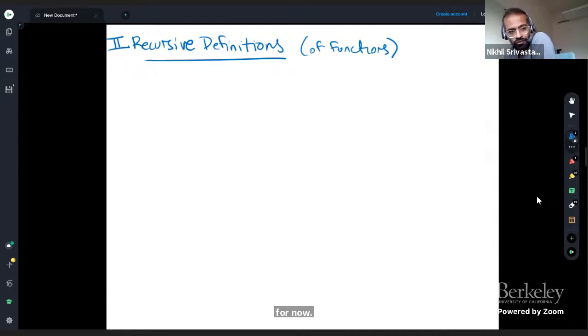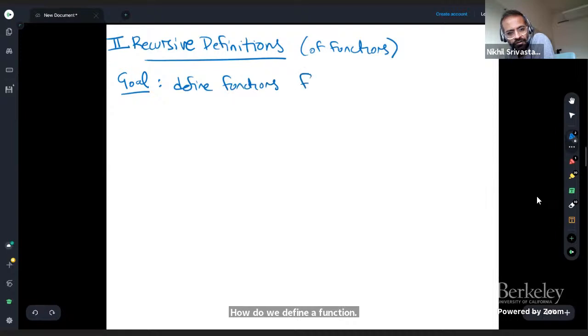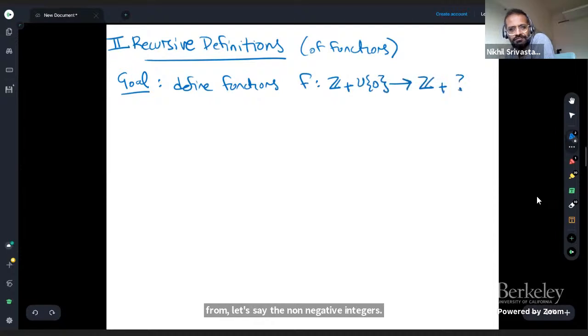Okay, so what's the goal here? The goal is, how do we define a function from, let's say, the non-negative integers to the positive integers?